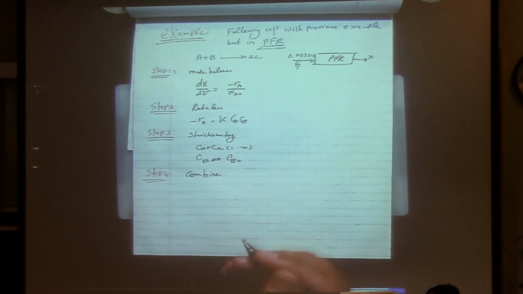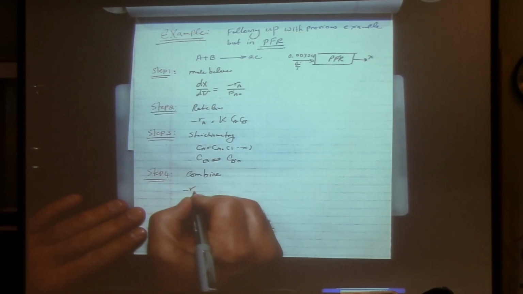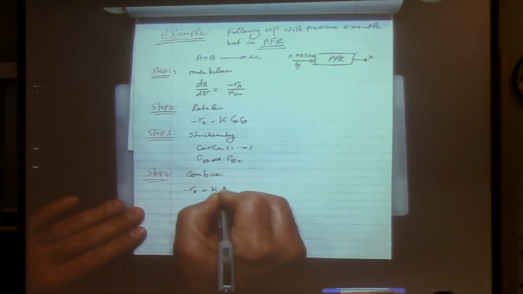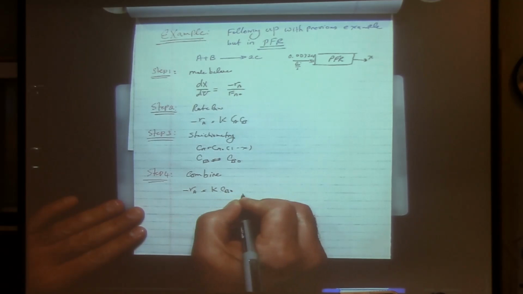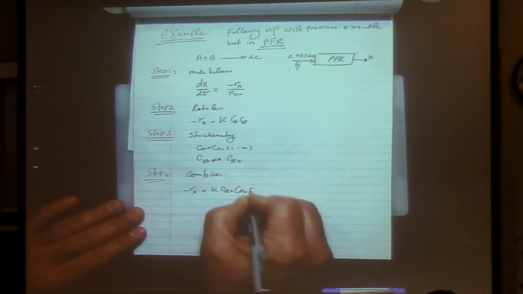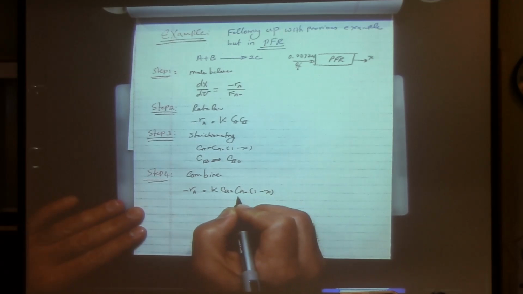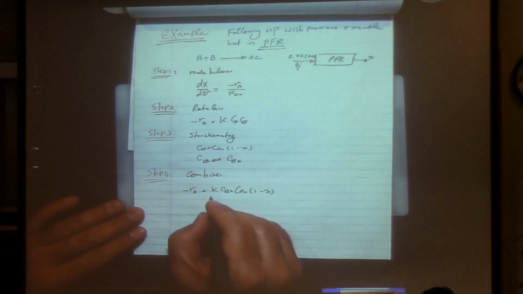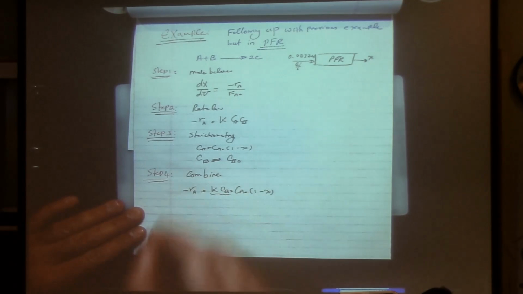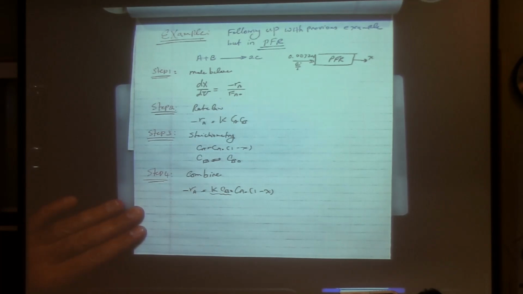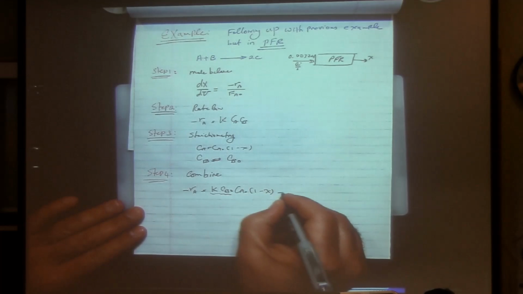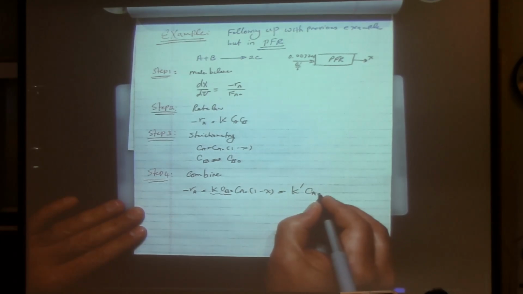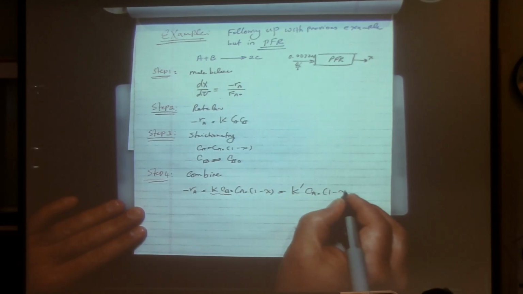So to combine, it would be minus rA equals k CB0 CA0 (1 minus X). We said that these two can be constant, so it would be another constant, I would call it k prime, so k prime times CA0 (1 minus X).